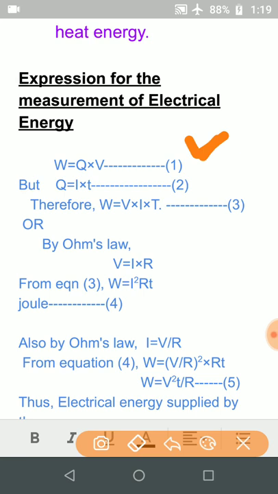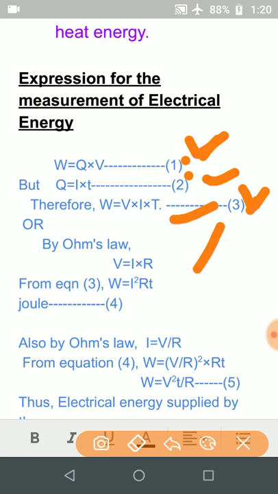But Q is charge, and it is defined as the product of current and time. Current means the flow of electrons in a conductor, that is I, and time t. Therefore, by combining equation 1 and equation 2, we get W, that is energy, equal to VIt, call it equation number 3.